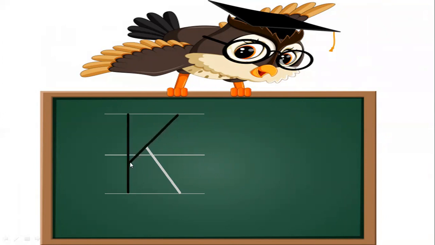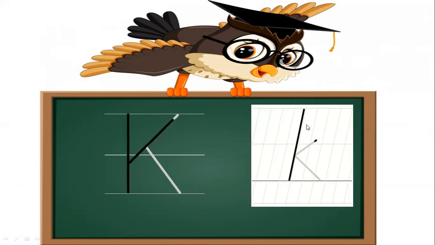Then from the middle, draw a slanting line touching the top, or you can also start from the top and come to the middle, touching the standing line at the middle. Then draw another slanting line from the middle reaching to the bottom. So it will form a capital letter K.